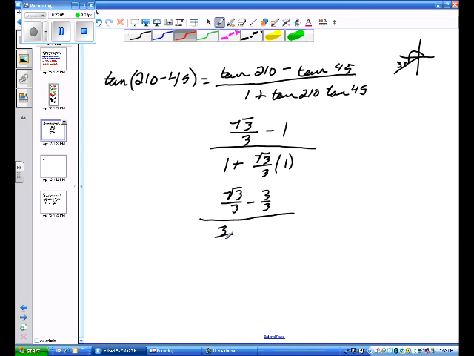In the denominator, it would be 3/3 plus the square root of 3 over 3, which gives us the square root of 3 minus 3 over 3 plus the square root of 3. Remember, once you get that common denominator, then your denominators cancel and you have this numerator over this numerator. Now we're going to have to turn around and rationalize. So we'll multiply by 3 minus the square root of 3.